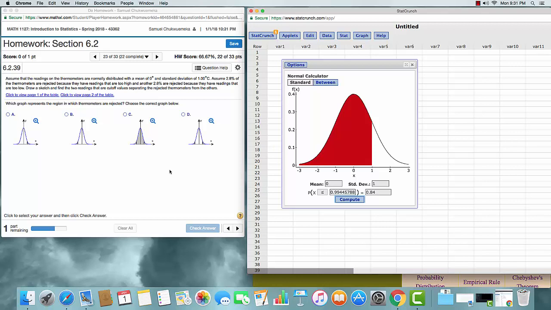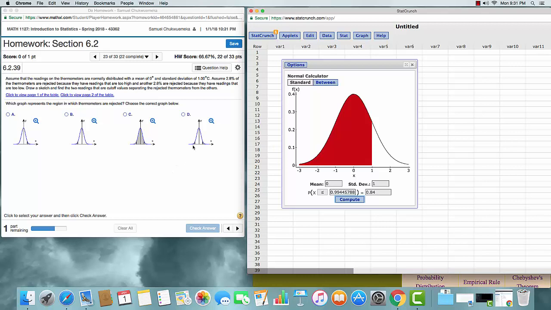Assume 2.8% of the thermometers are rejected because they have readings that are too high, and another 2.8% are rejected because they have readings that are too low. Draw a sketch and find the two readings that are cutoff values, separating the rejected thermometers from the others.